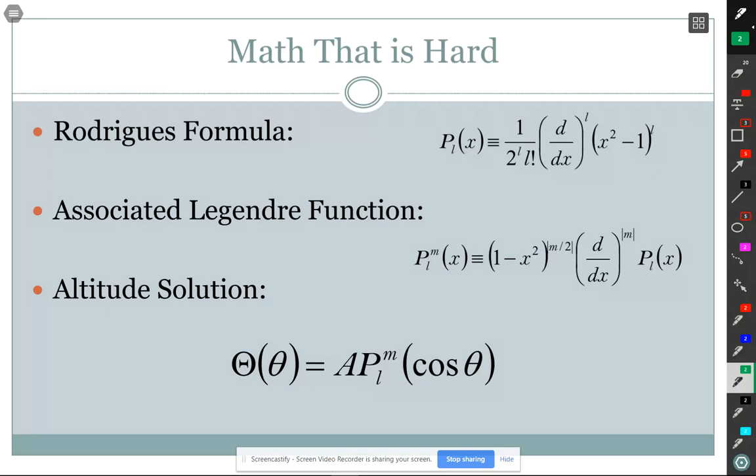So what was the important thing that I pointed out at the very end of class yesterday? That these give us our conditions for what L has to be.